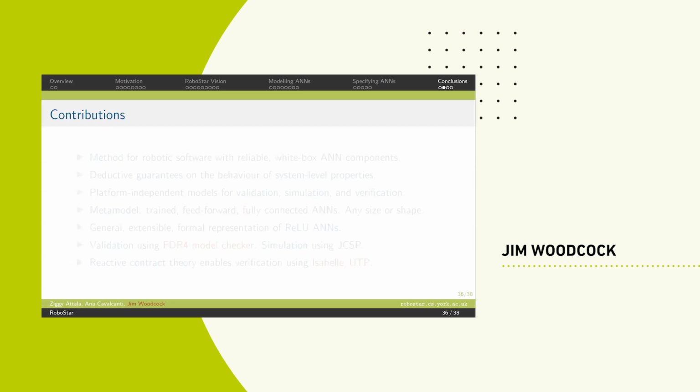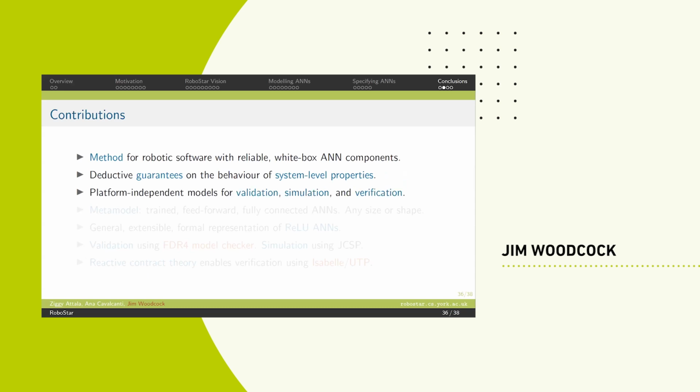And now I just need to give a couple of slides on conclusions. So I think our contributions in this work are, first of all, a method for robotic software with reliable white box ANN components. Deductive guarantees on the behaviour of system level properties. Platform independent models for validation, simulation, and verification.